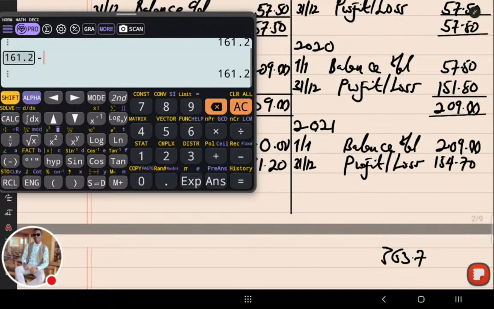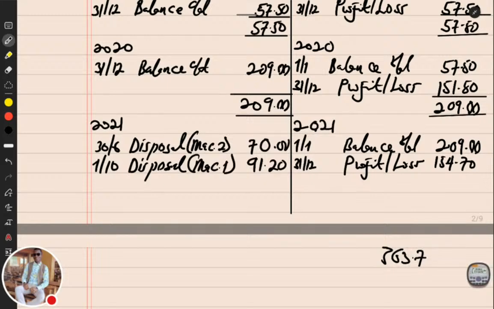So let's find the difference. 363.7. You get 202.5. So we're going to have it here as what? 31st December. You have in your balance carry down as 202.50.